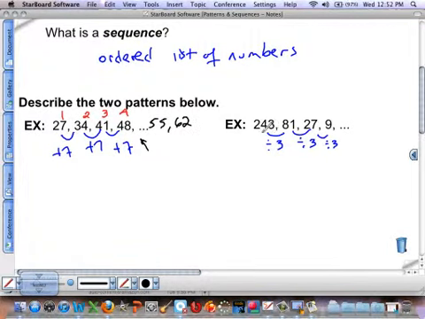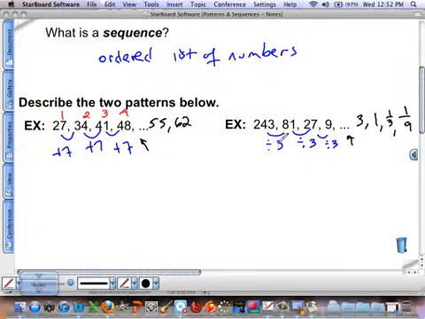Okay, Sam, what would be my next 2 on this sequence? 3 and 1. What would come after 1? Caleb? 1/3. What would come after 1/3? 1/9.